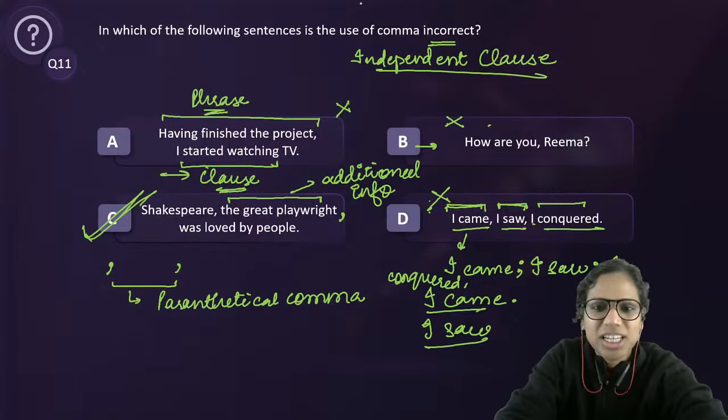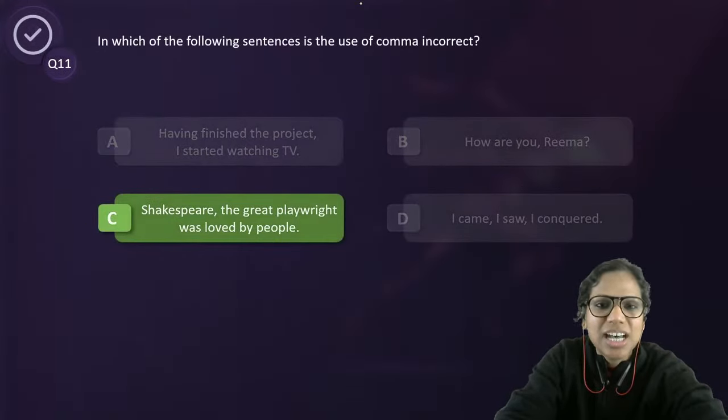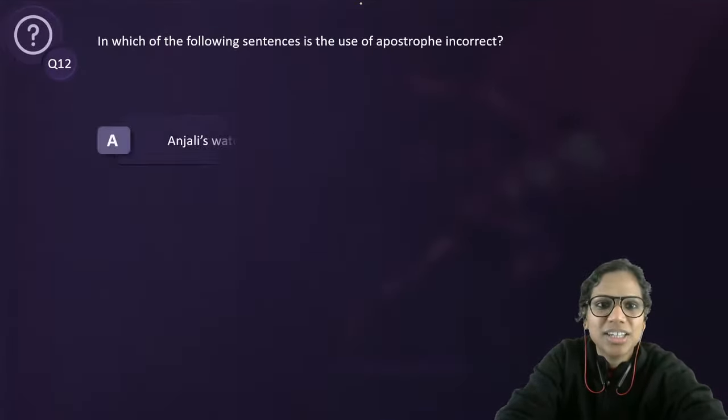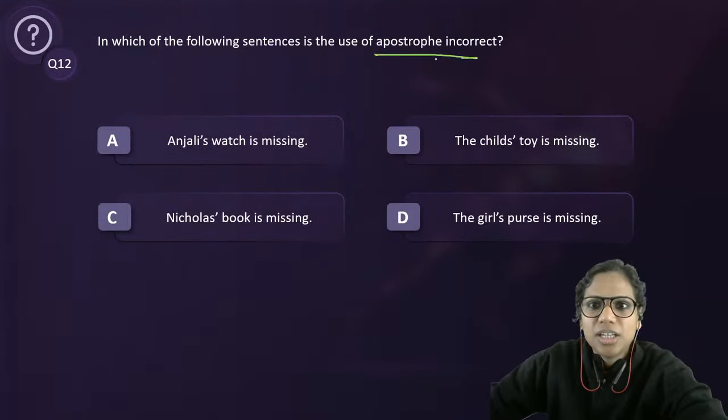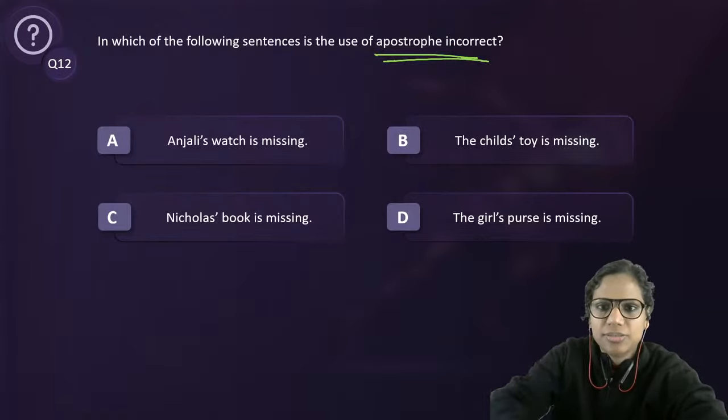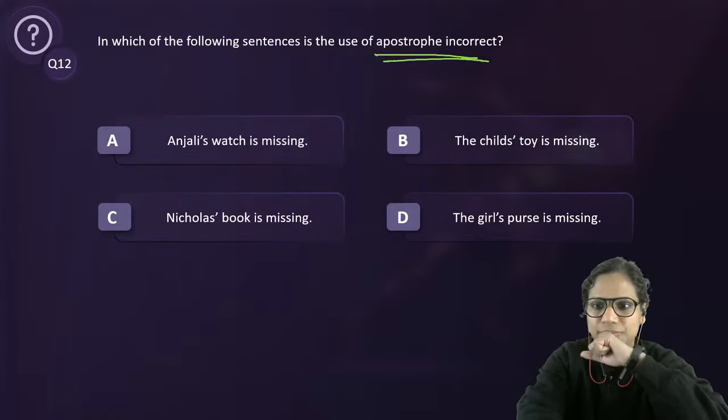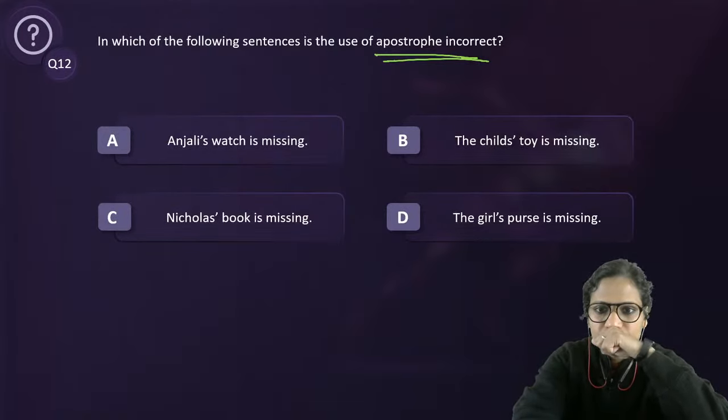Yes, absolutely correct, Smriti. C is the answer here. Now, let's have a look at this. Incorrect use of the apostrophe. Let's see.